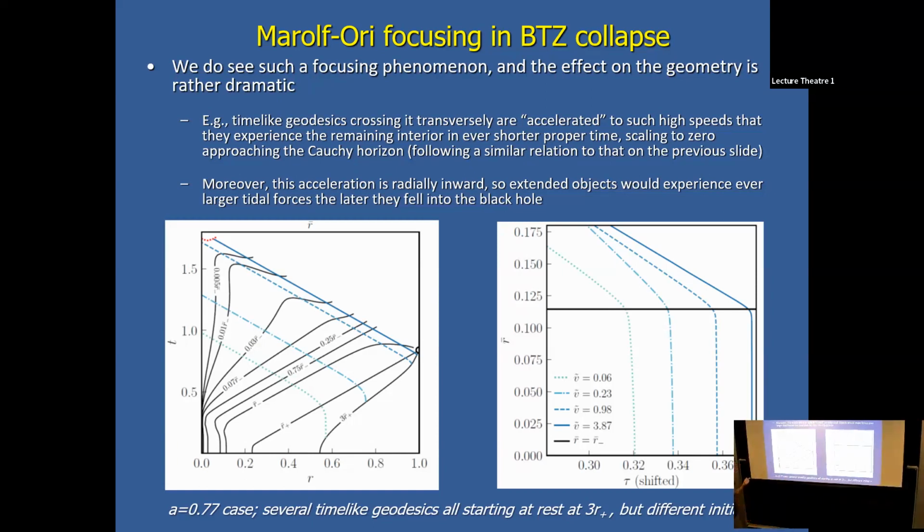And what's disastrous about that for observers, this being the proper circumference, is that if this were an extended object, it would be crushed to zero radius in ever shorter time. Whatever it is that forms in the geometry here is tidally devastating to these observers.